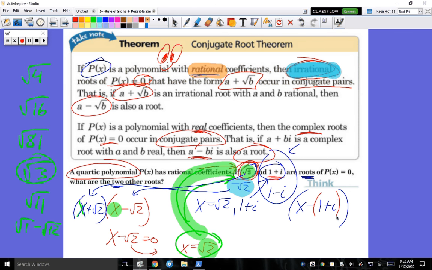I'm treating this whole 1 plus I almost like it's a positive, so that when I move it over here, remember we've been doing this with everything else, it has to be the opposite. And some people might actually distribute that and call it x minus 1 minus I. Well, I don't like that.